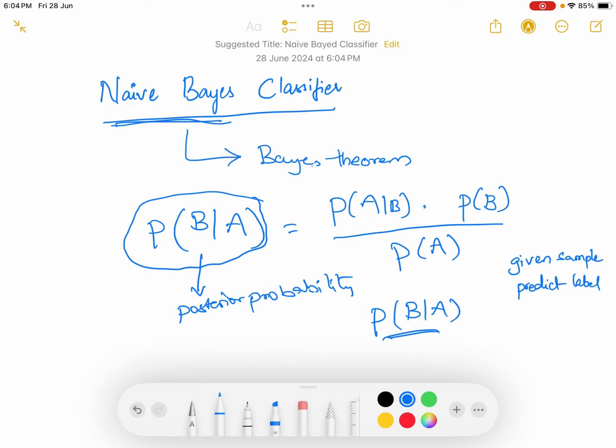So now here in our problem of classification, we already have sample, right? So now this given A represents the given sample. Okay. So now A represents the sample and B represents label.